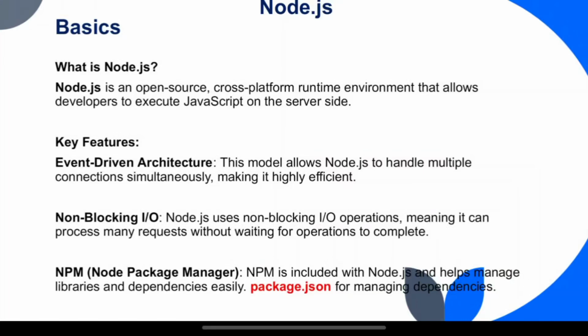This model allows Node.js to handle multiple connections simultaneously, making it highly efficient. Non-blocking input/output: Node.js uses non-blocking input/output operations, meaning it can process many requests without waiting for operations to complete.